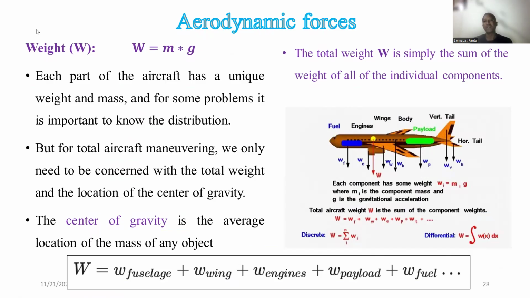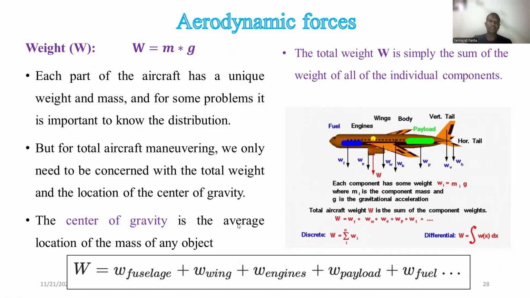We must know each component of the weight: fuel weight, engine weight, wing, body weight, the pilot, passengers. These are all summed as loads. For total aircraft maneuvering, we only need to be concerned with the total weight and the location of the center of gravity. So W is the total weight, and the point where it acts, the CG location, should be known for the stability and control of the aircraft.